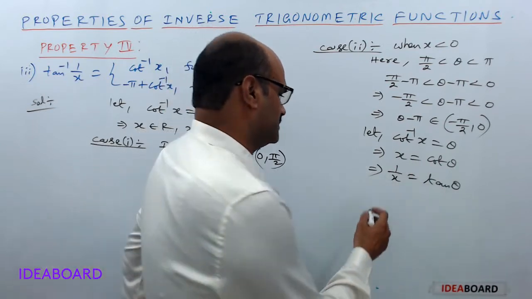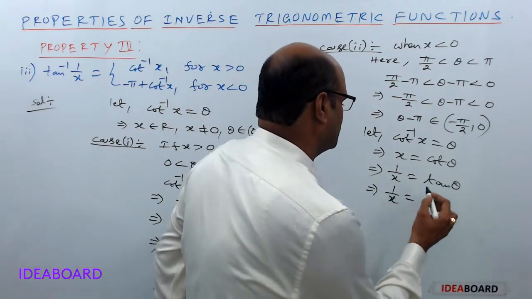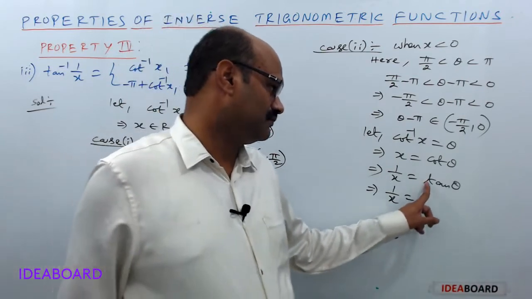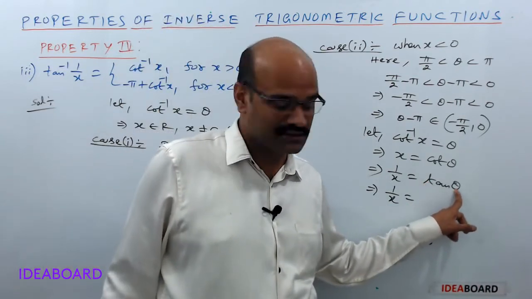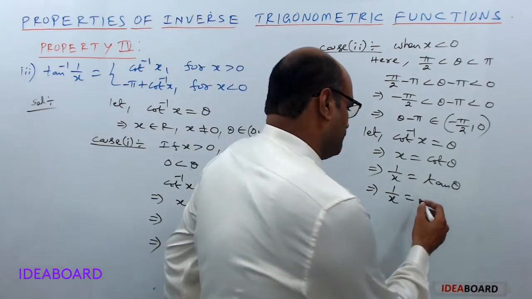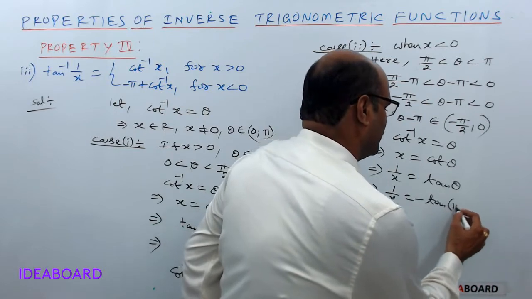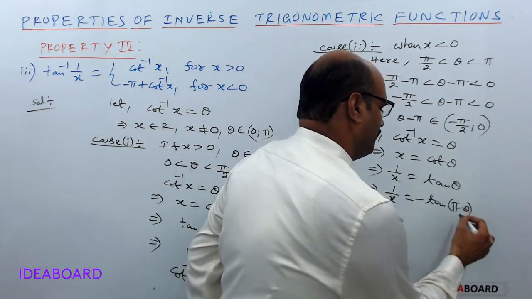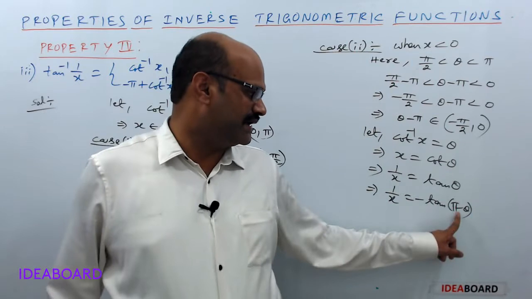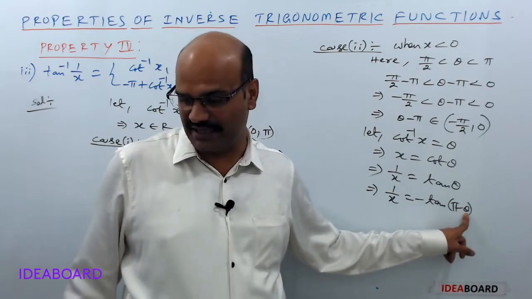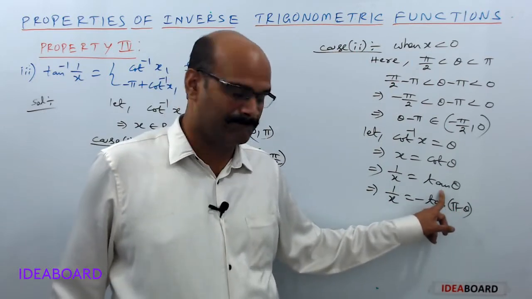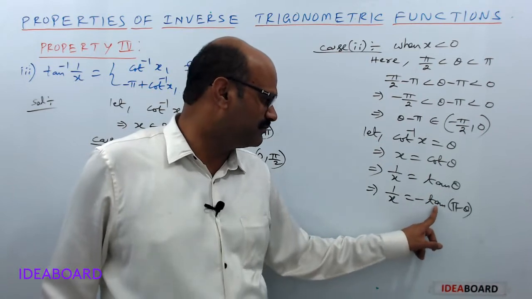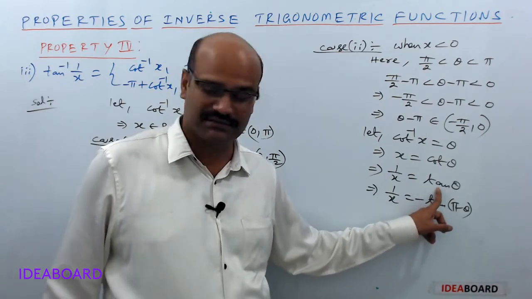Now, here we can take it as 1 by x equal to, this can be written as minus tan of 180 minus theta. We know that tan of 180 minus theta equal to minus tan theta. So, minus into minus plus, so plus tan theta it is.